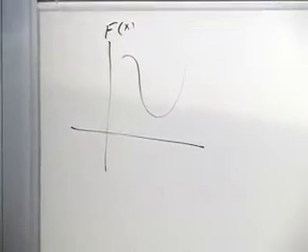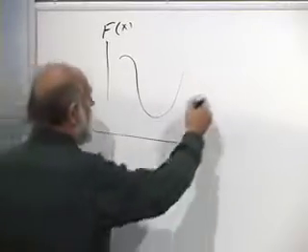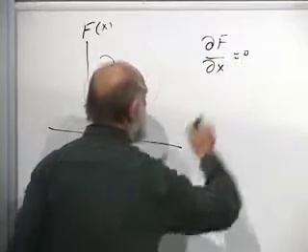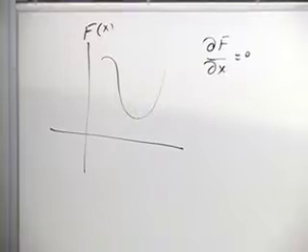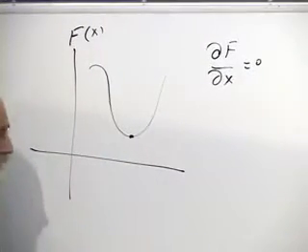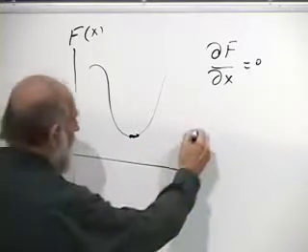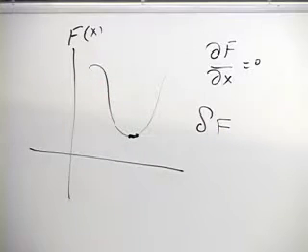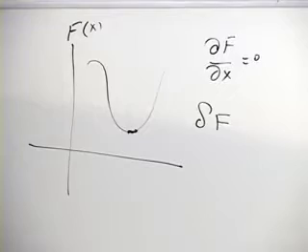So as you well know, the rule for finding a minimum is just to differentiate with respect to x and set it equal to 0. Another way to say the same thing is to require that at this point here, if we make a little shift of x, then the change in f, delta f, when we change x a little bit, should be 0.